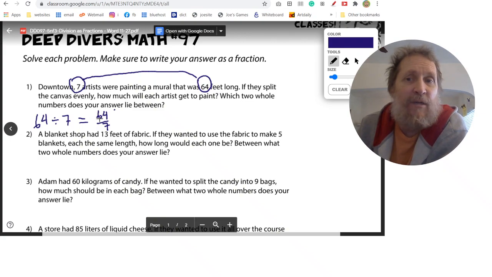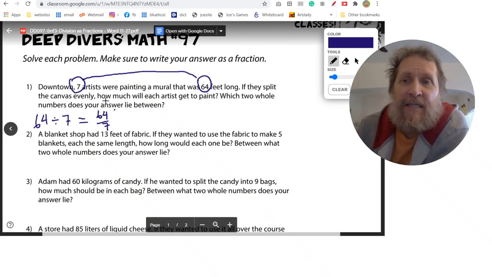You can say 64 sevenths, or you can say 64 over 7, or you can say 64 divided by 7. There are a lot of different ways to say that fraction. But one of them is 64 divided by 7. 64 over 7, 64 sevenths, those all are the same thing as 64 divided by 7.